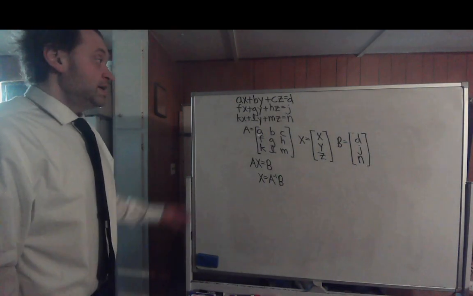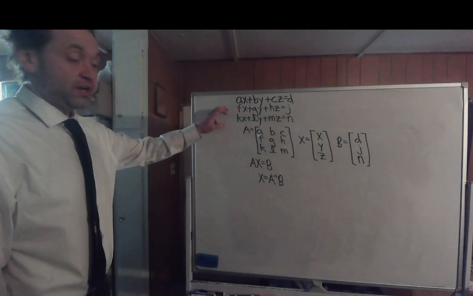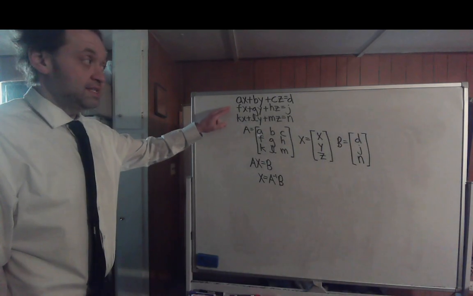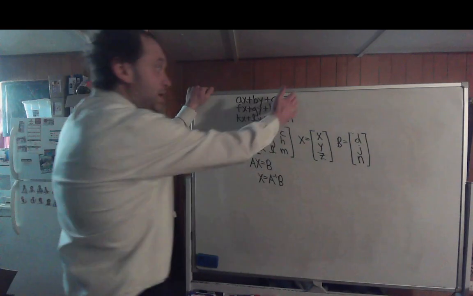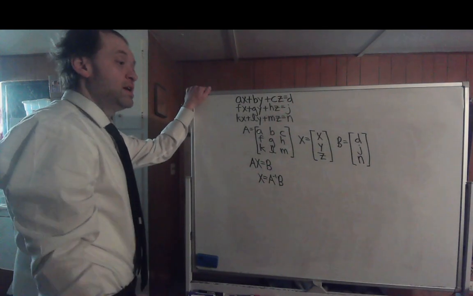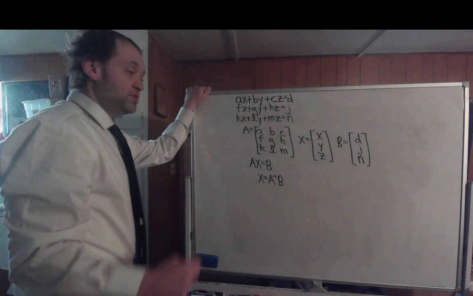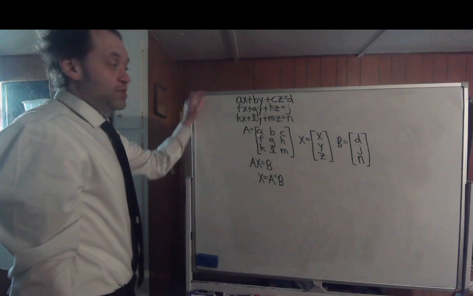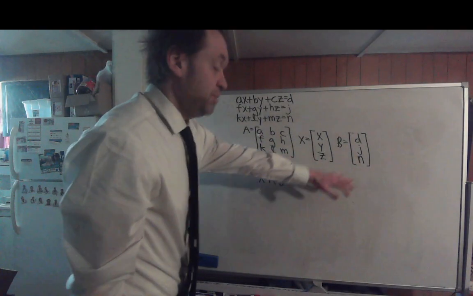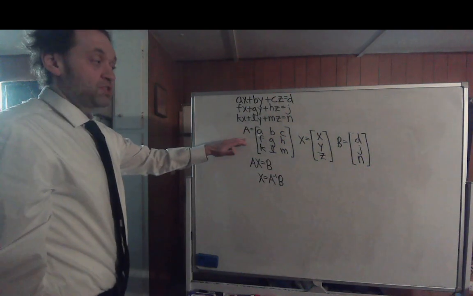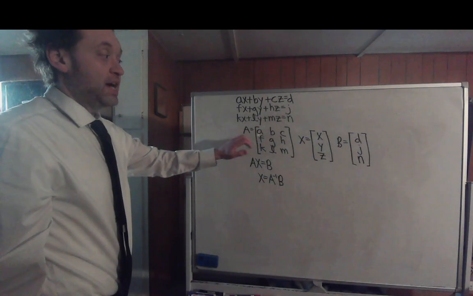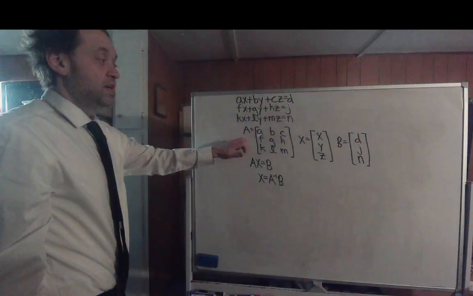So here again you have your three variable system of equations with various coefficients on the x, y, and z variables. And then to the right you have what those equations are equal to, the right side of the equal sign. Much like in a 2x2 system, you could separate all this into matrices A, X, and B. Matrix A is going to be a 3x3 matrix just representing the coefficients of your x, y, and z variables.